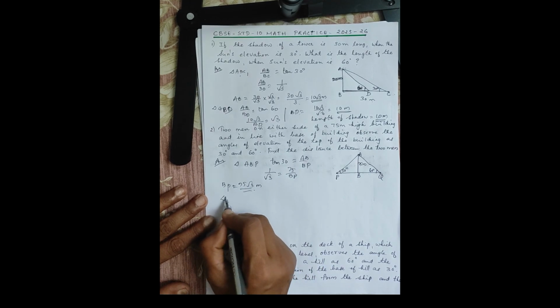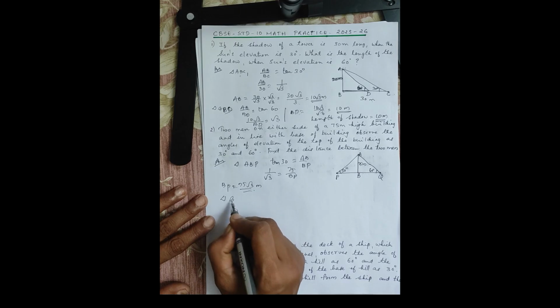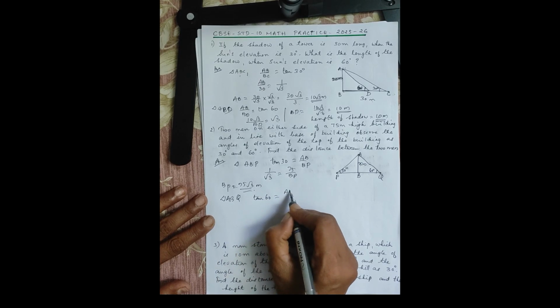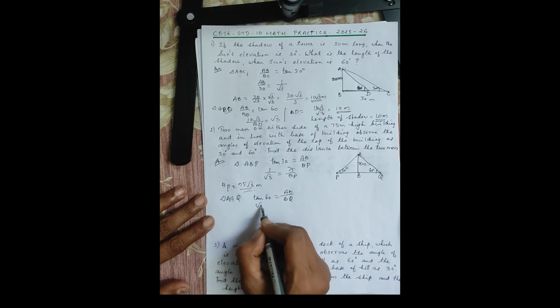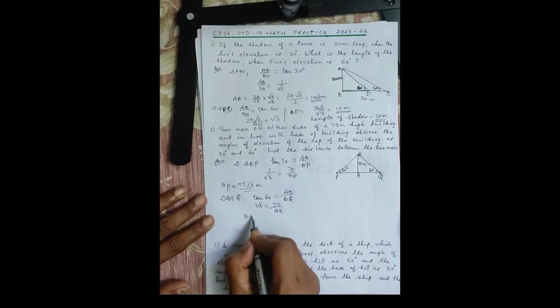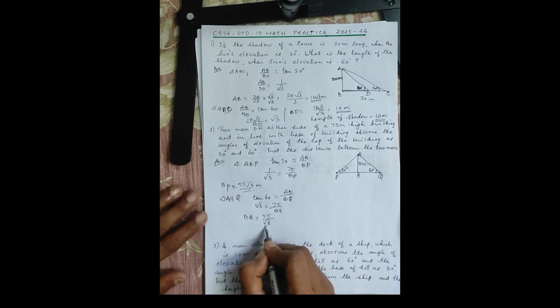Now if you take triangle ABQ, we can take tan 60 equal to AB by BQ, opposite by adjacent. Tan 60 is root 3, AB is 75, so BQ is equal to 75 by root 3.